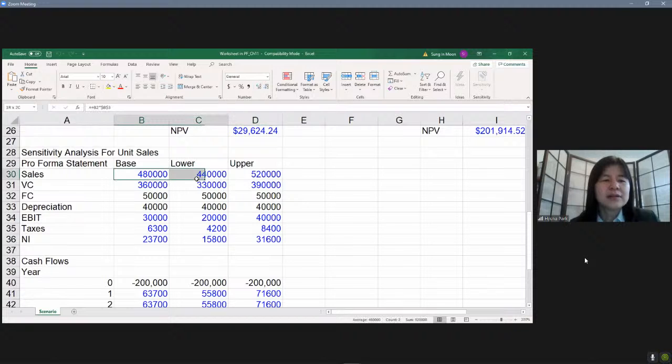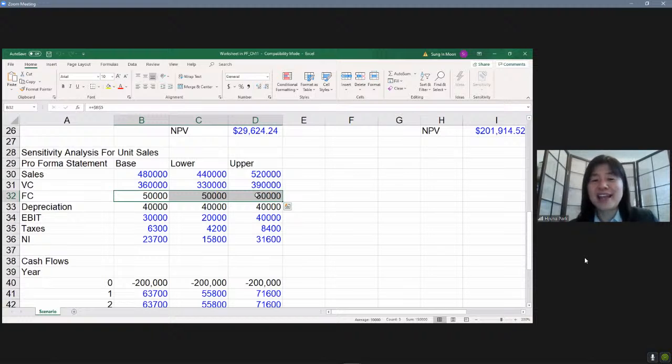So keep that in mind and then do this calculation. The sales calculation is based on base case, lower case, upper case. The only difference is how many units will be sold, and the other inputs, price per unit, variable cost, fixed cost, all use the base case number. But units sold is different, varying across. That's why variable cost is different, but look at this.